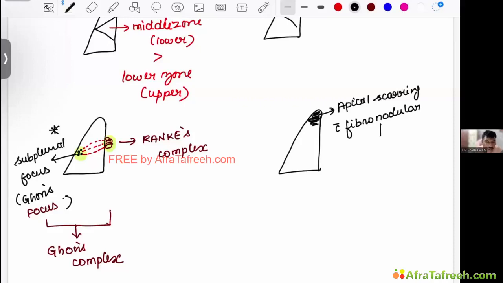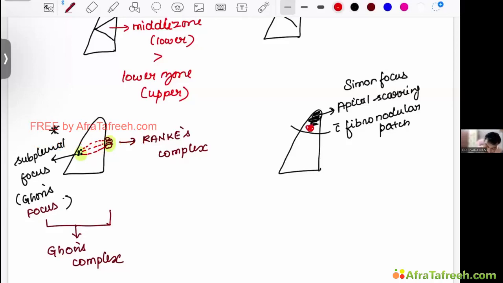And this is called Simon focus. In patients with chronic tuberculosis, in the apex, you get active lesions above the clavicle and active lesions below the clavicle. The lesion above the clavicle is called the Pulse lesion.